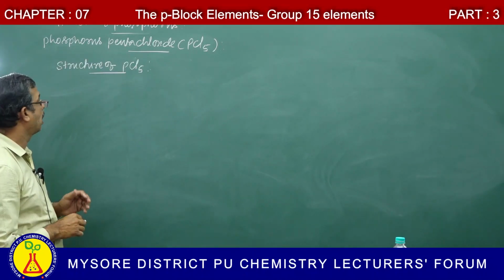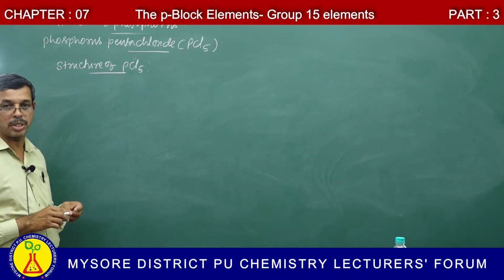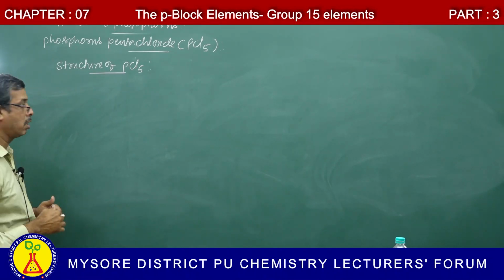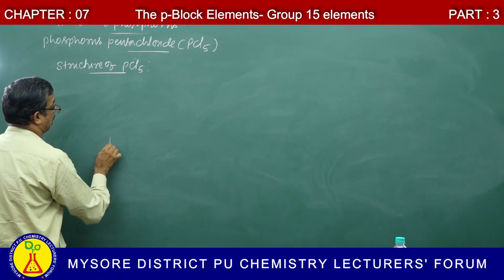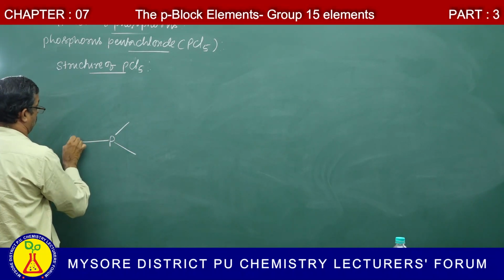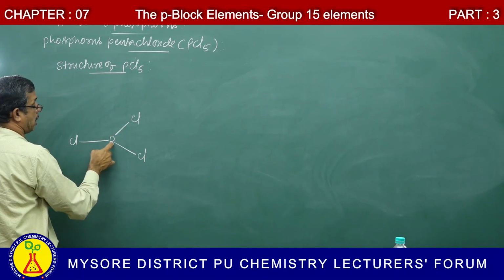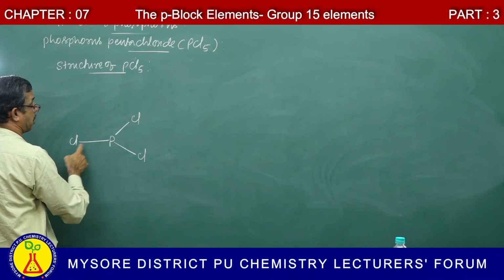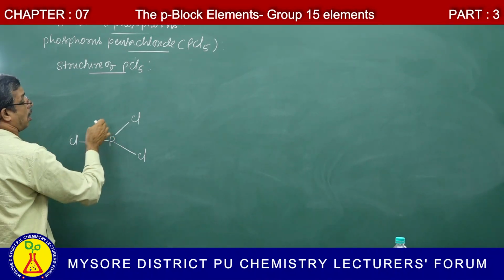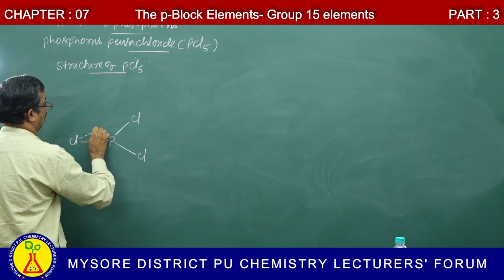In gaseous and liquid phases, PCl5 exists as a trigonal bipyramidal structure. Look at the structure. Here, these 3 PCl bonds are called equatorial bonds, and these are joined by dotted lines.